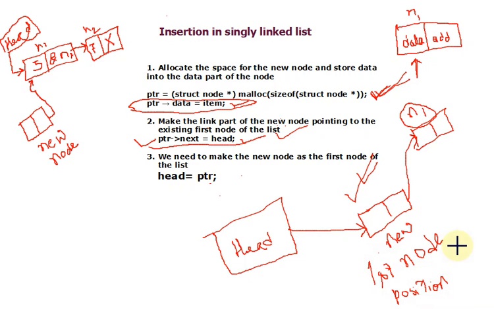So we need to make a few adjustments in our code or in our list when we try to insert the new node at the first position in a single linked list.